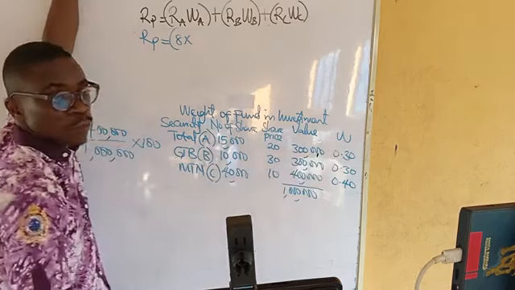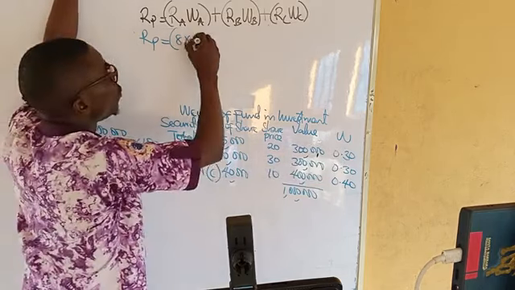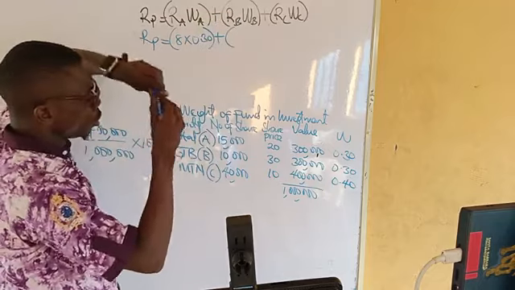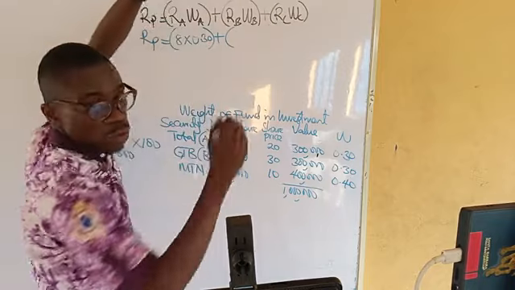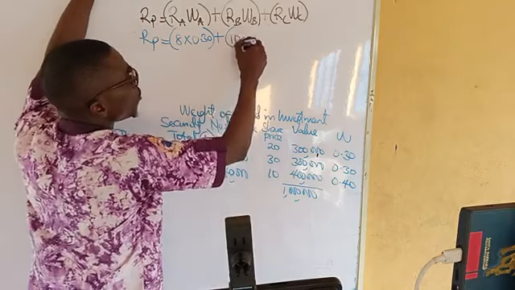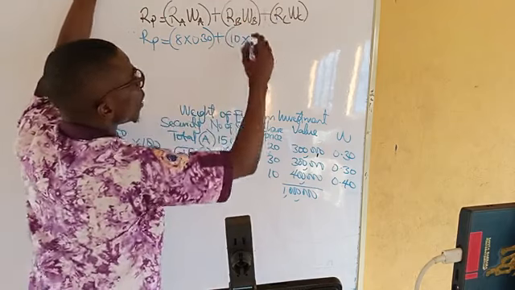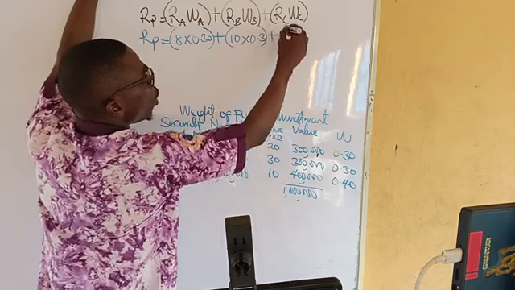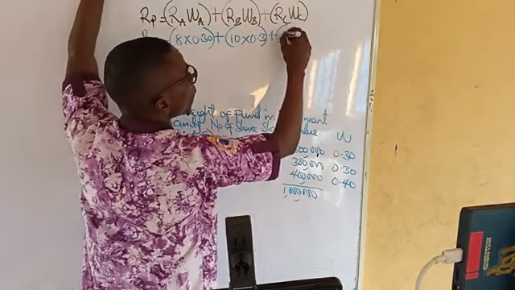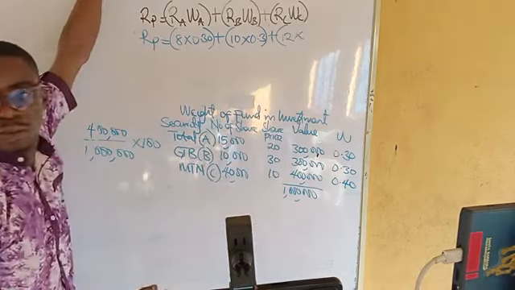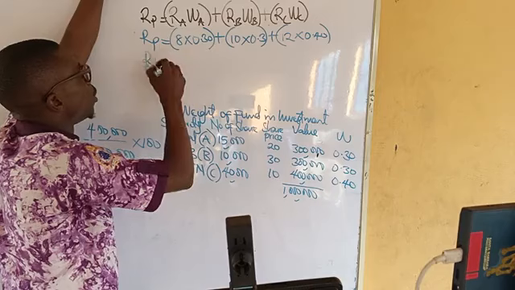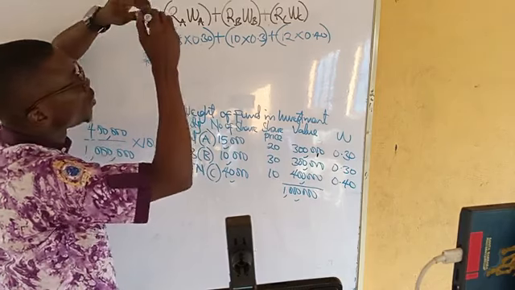The percentage of investment in A is 0.3, plus the expected return on B, GT, which the question gives as 10%, times the weight of 0.3, plus the expected return on MTN, which is C, 12, times the weight, 0.4.